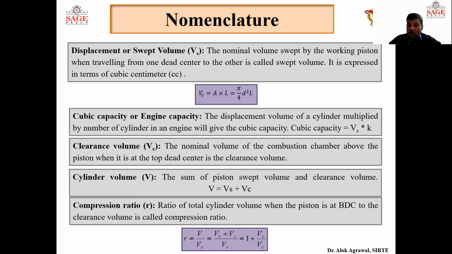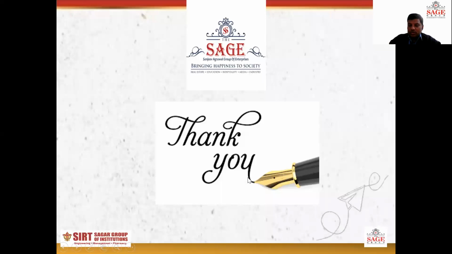So it is the ratio V by Vc, and V can be written as Vc plus Vs. We get compression ratio R equal to 1 plus Vs by Vc. This is a very important term, we will use it in a lot of numericals, and these are all the important nomenclature in use.